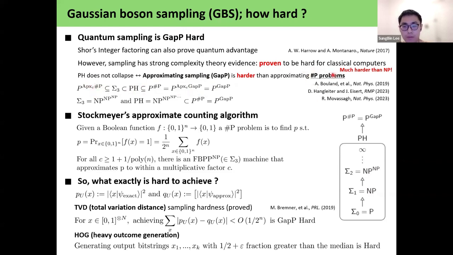And sharp P problems are much harder than NP problems. So it basically means the sampling problem is very hard if the polynomial hierarchy does not collapse, meaning P is not equal to NP here. The polynomial hierarchy is a sequence of NP oracles. So sigma 1 is NP, and sigma 2 is an NP problem if you have an NP oracle.